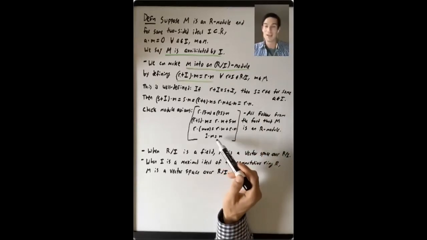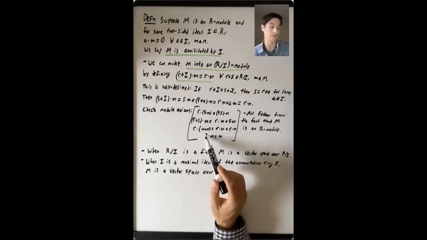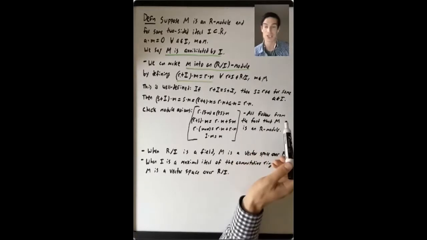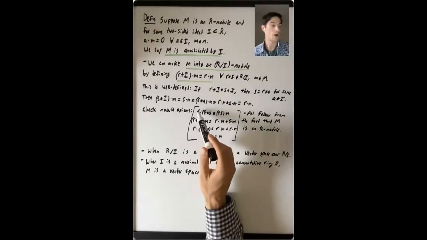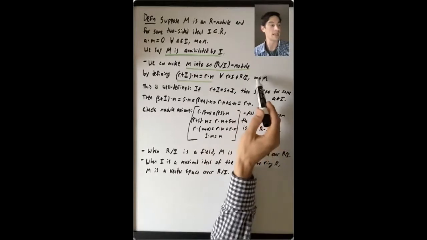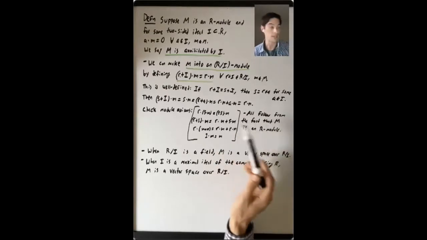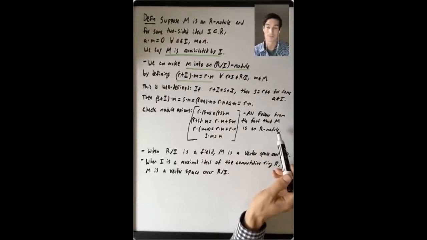And then if R has an identity, if R is a unital module, then R mod I also has an identity. What's the identity? It's the coset 1 plus I. And you need to check that the identity of R mod I dot m is always equal to m. And each one of these things is straightforward to check. The fact that these properties hold, where you have r and s being elements of R mod I and m being any element in your module, follow directly from the corresponding module properties, the fact that M is an R module.